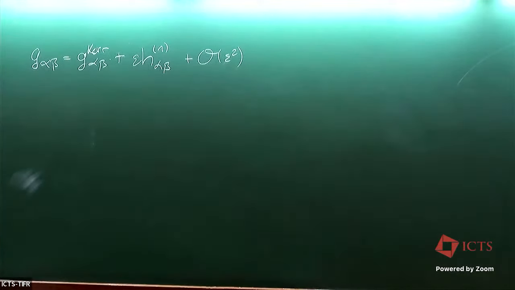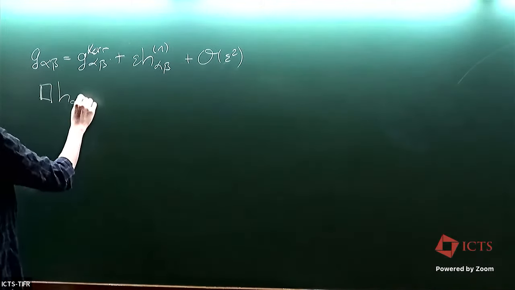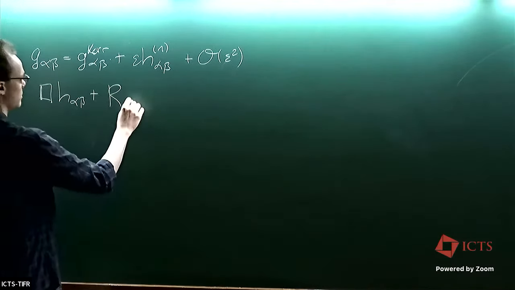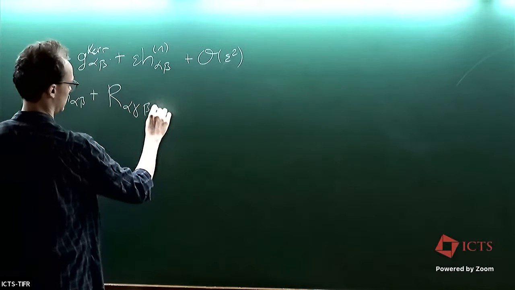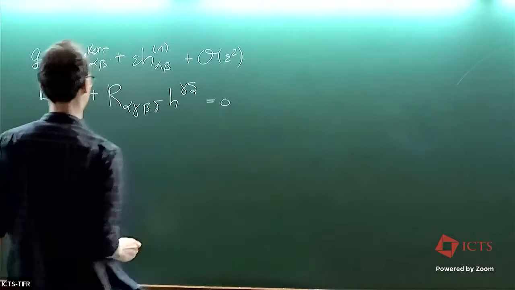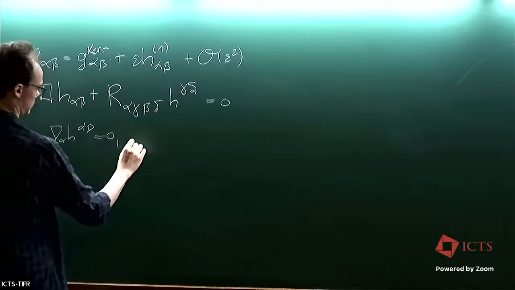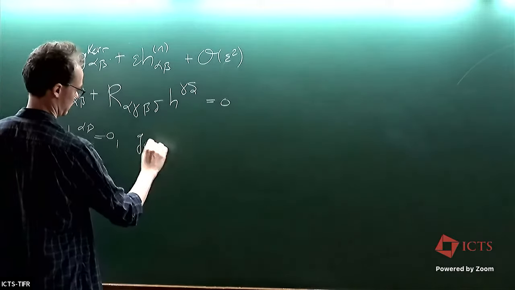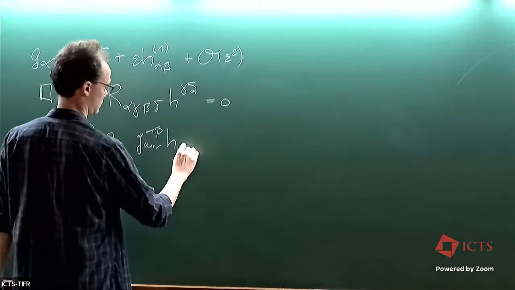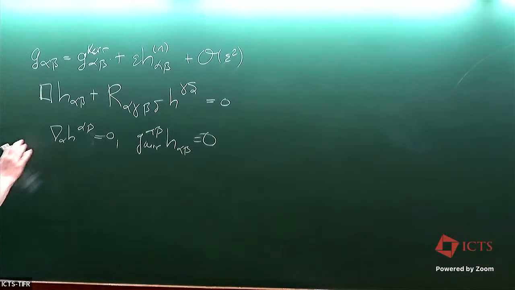Okay? And then the question was, okay, how do we get this equation that I wrote down actually from the Einstein equations? How do we get this equation plus these gauge conditions?